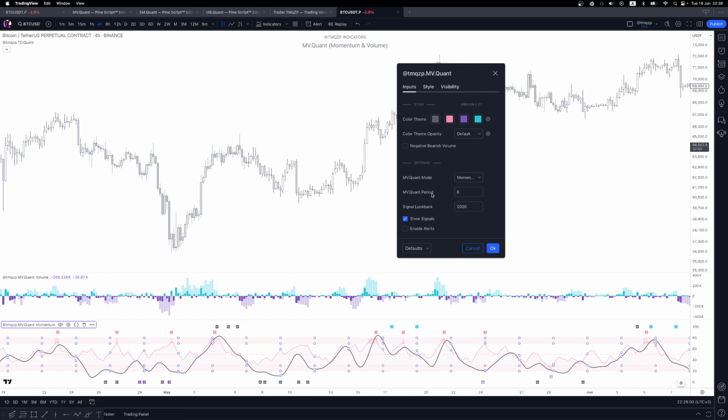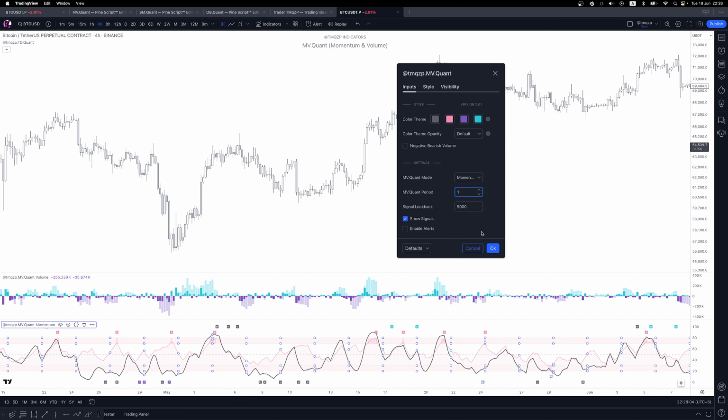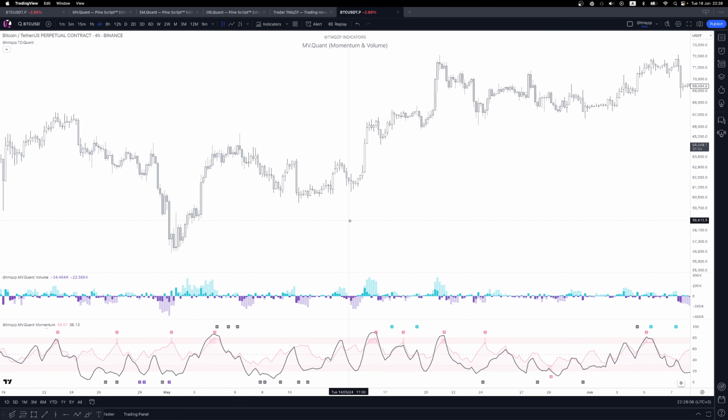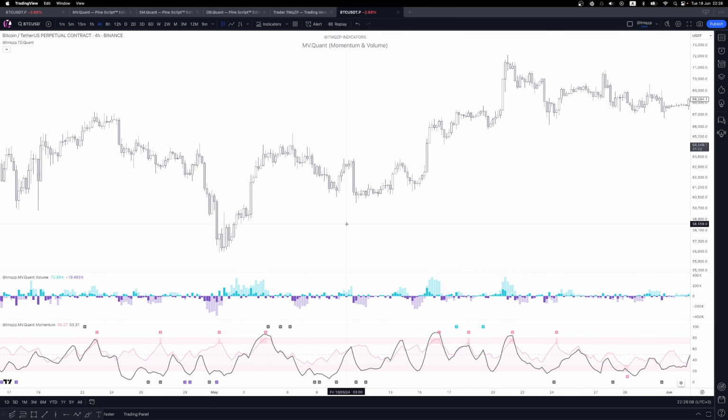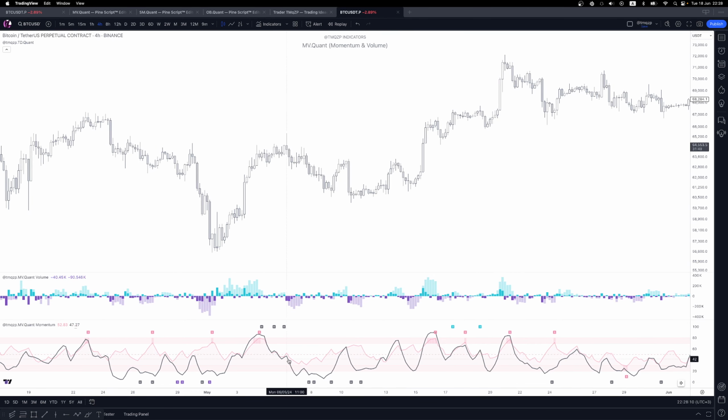The M divergence uses a period of 1, to avoid the delay that the period creates. So both oscillator signals work on a period of 1, just like the RSI essentially, so there's no delay whatsoever in terms of the signal itself.